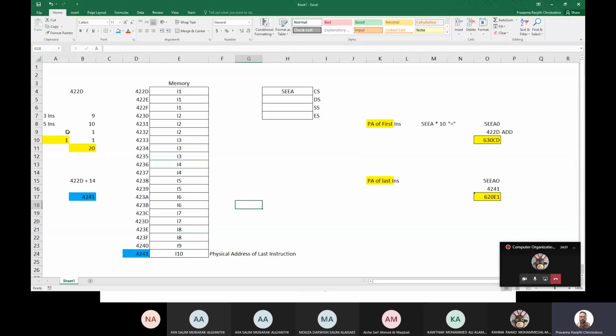See, you can do this method or you can do the other method. It's very easy. You understand? Why do we add 14?